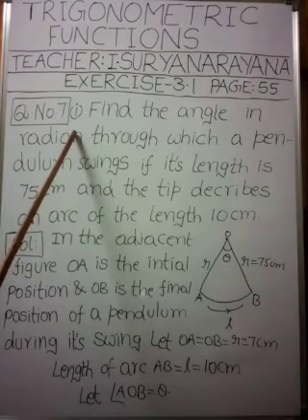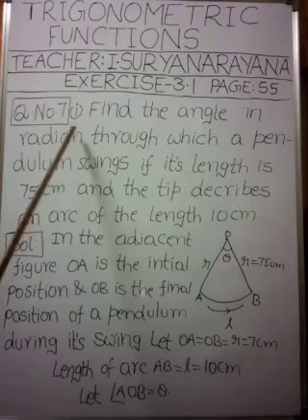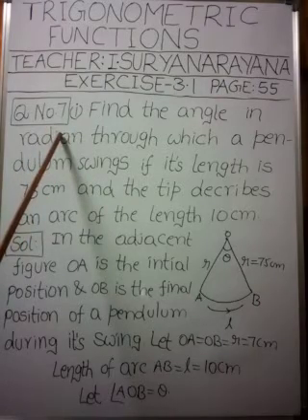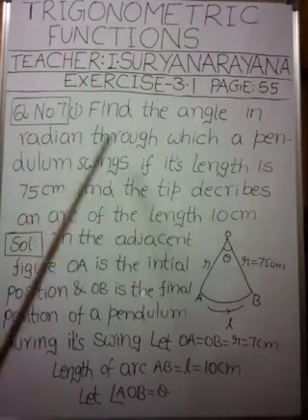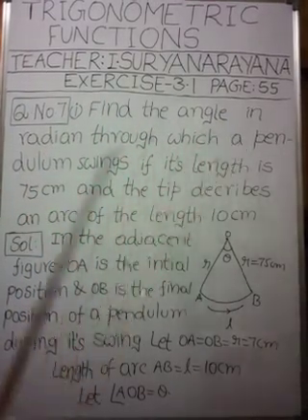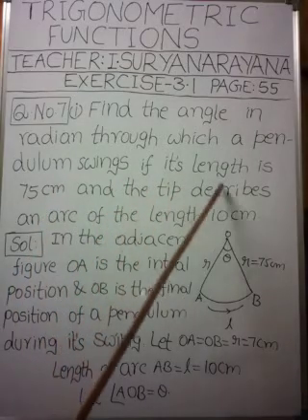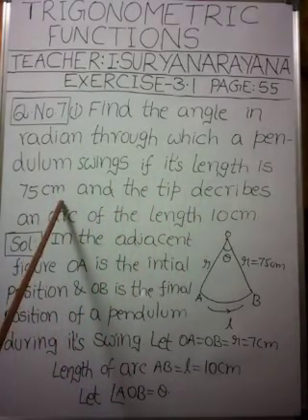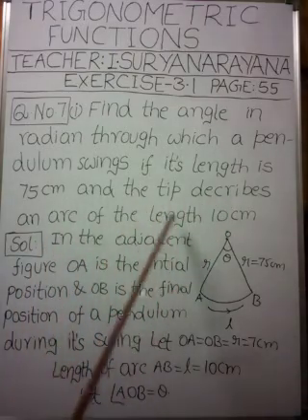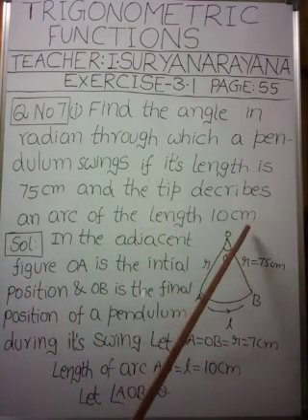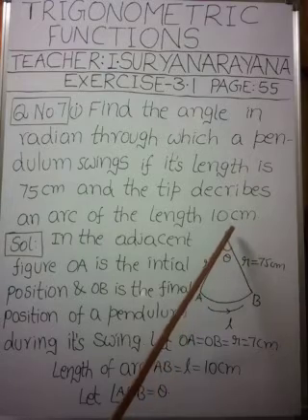Will you try the remaining 2 questions in this Roman numeral 7, my dear children? Right. Find the angle in radians through which a pendulum swings if its length is 75 centimeters and the tip describes an arc of length 10 centimeters. Understood this question, my dear children?